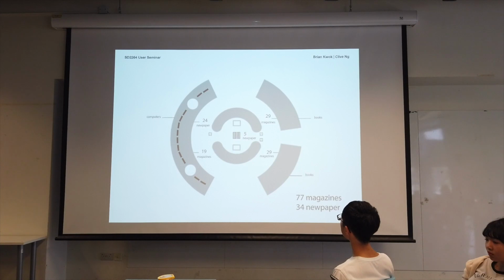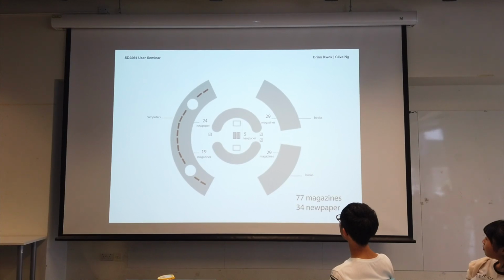There are in total 77 different kinds of publication: 77 magazines and 34 newspapers in the middle area, the inner circle of the magazine area. 19 magazines and 24 newspapers are on the left, and 58 magazines at the right. And also there are 10 newspapers in the middle of the area with a newspaper rack.